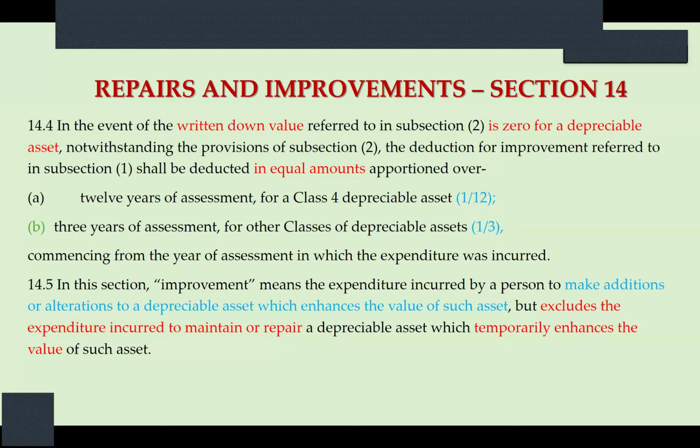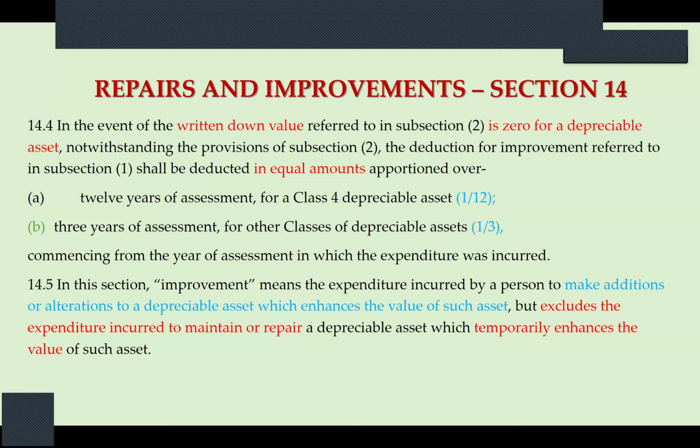If the expenditure is for repair, the total repair value incurred will be allowed as a deduction without any limitation. The restriction applies only to the improvement cost. Therefore, we should have a better understanding of what expenditure we can consider as repair and what we can consider as improvement. Because it is very difficult to draw a line between them, we have given a specific definition for improvement cost.